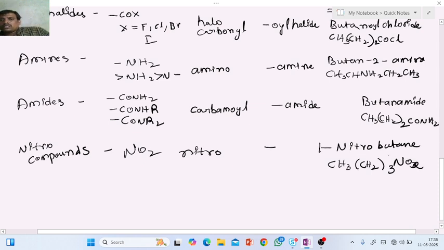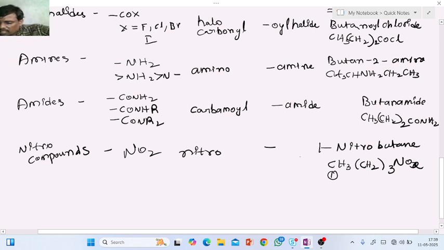Why? Because it is butane, four carbons must be there. So one carbon is here and three carbons are there, 1 plus 3 is 4, and to the first carbon NO2 is attached, hence it is 1-nitrobutane.